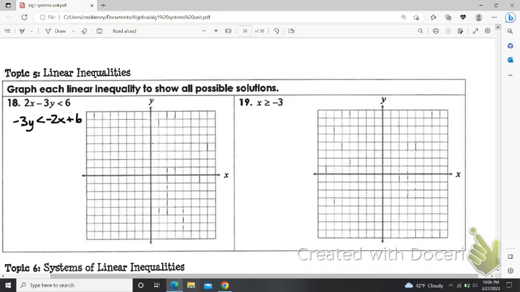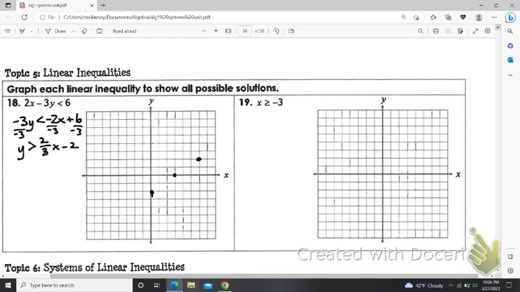So I move my x over, dividing everything by -3. I get y is greater, this changes to greater because I divide by a negative, 2/3 x minus 2. So -2, up 2/3.